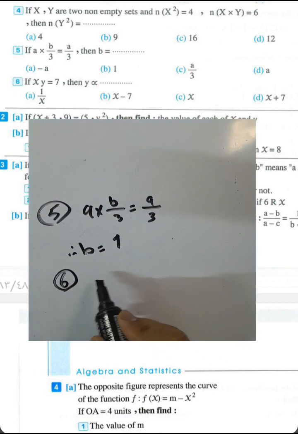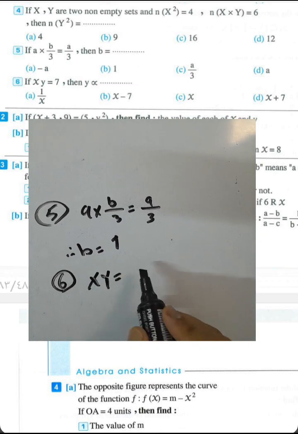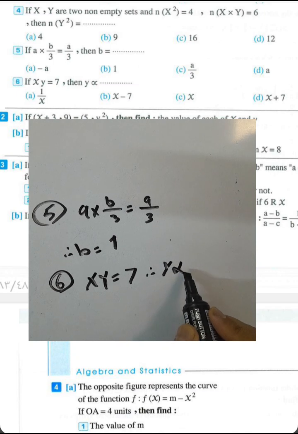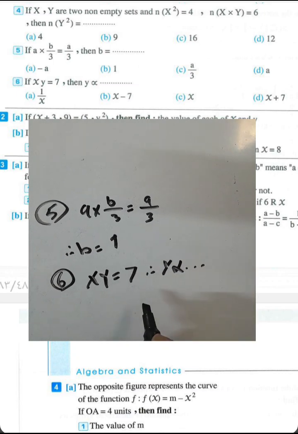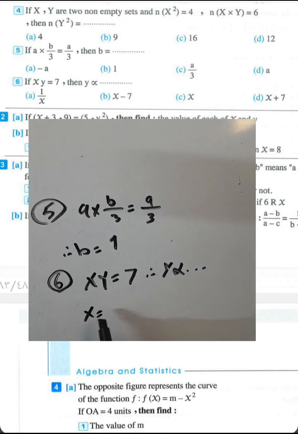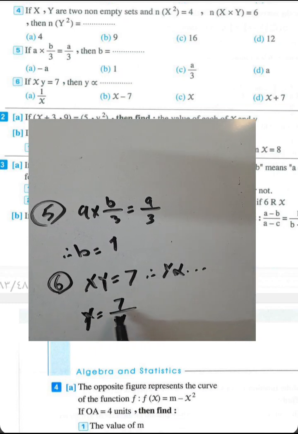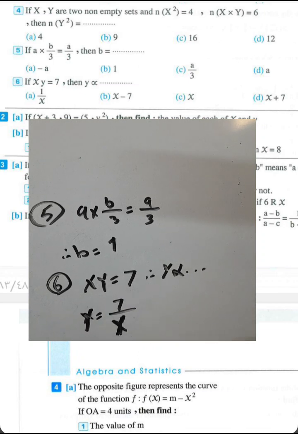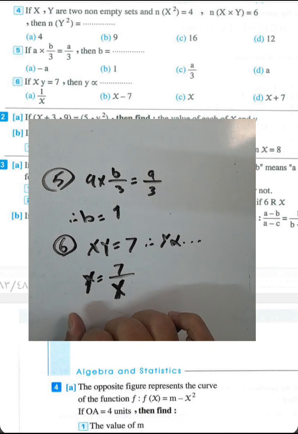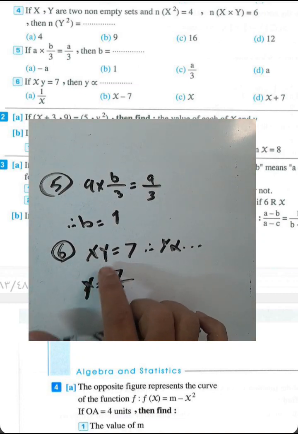Question 6. If X product Y equals 7, then what is the direction of the relation between y and what? We can write y first as 7 over y... the inverse relation between y and x. You can write y here and x here as you like. It replaces the inverse relation between x and y.